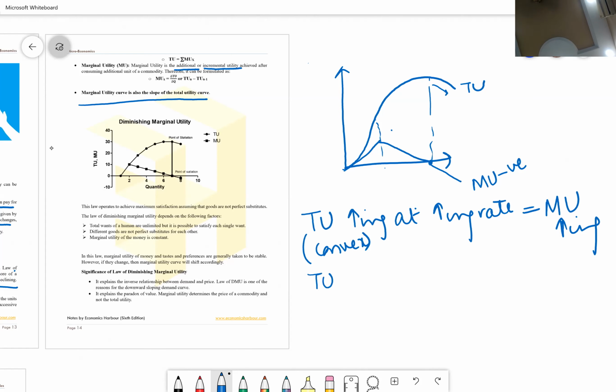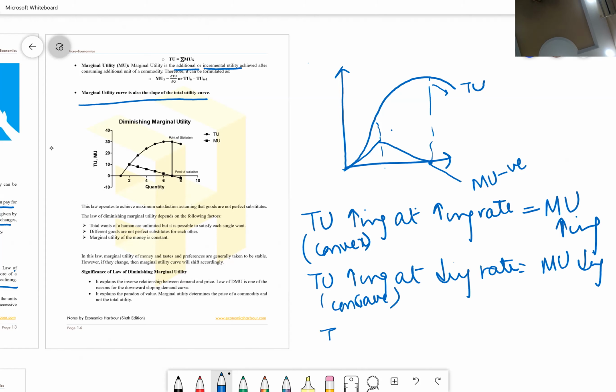When TU is increasing at a decreasing rate, then marginal utility is decreasing. That is, TU is concave, right? And when TU is decreasing, marginal utility becomes negative. So this is how we determine the relationship between total utility and marginal utility.